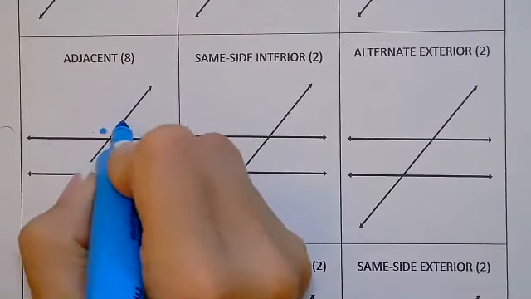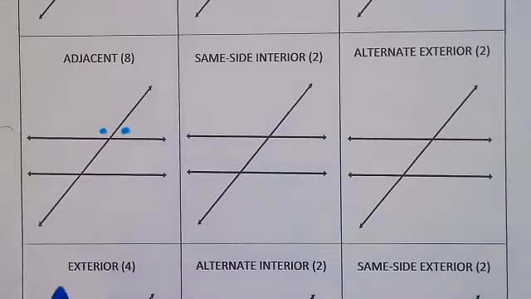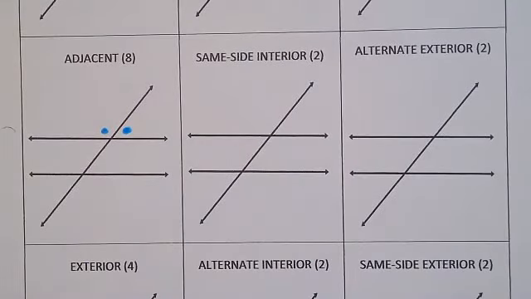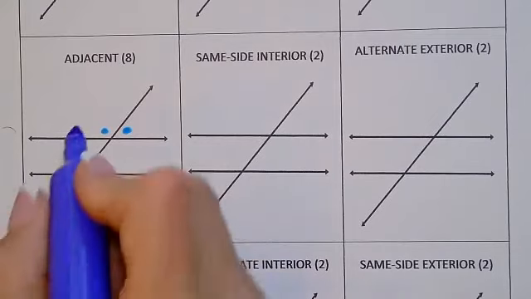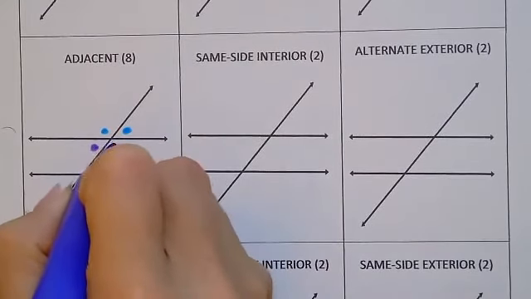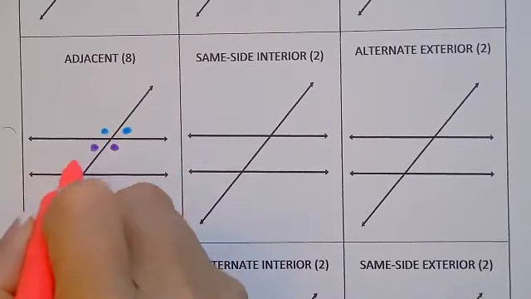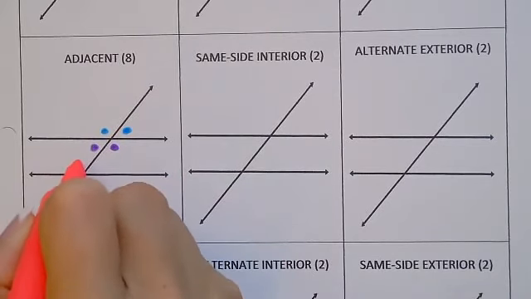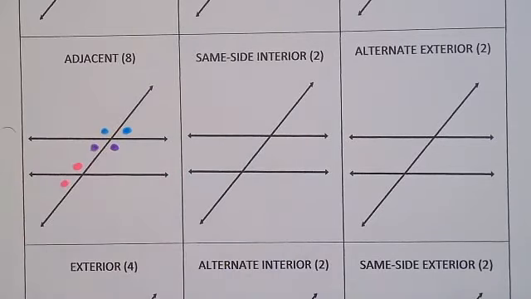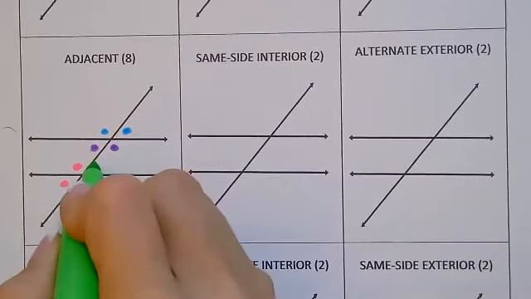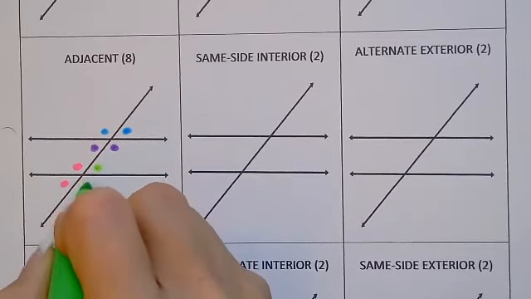So angles 1, 2, those 2 are next to each other. And these 2 are next to each other. Okay, let's do here. These 2 are next to each other. And these 2 are next to each other.